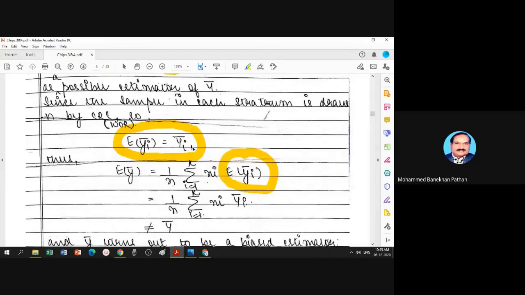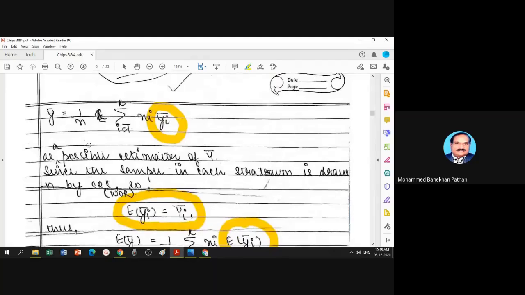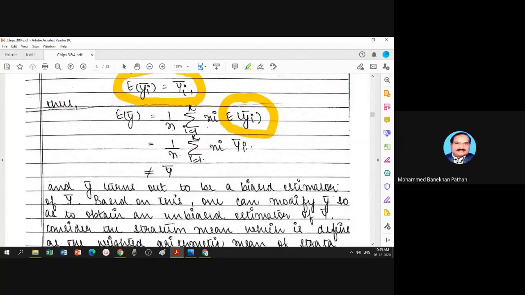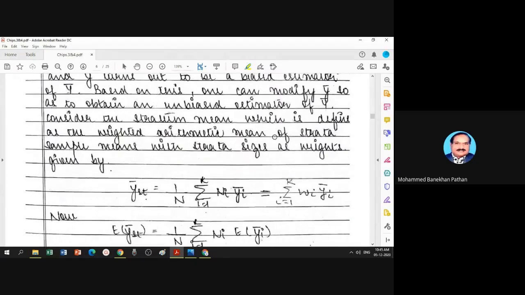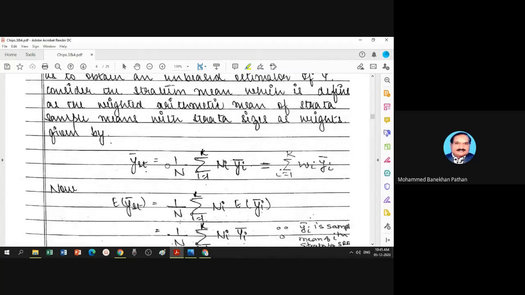So if you use this as a formula of estimator, it is not unbiased, it comes biased. We modify our formula of the estimator as below, called y bar st, the estimator of the population mean with stratified random sampling: 1 upon capital N summation i=1 to k capital Ni into small y bar i.